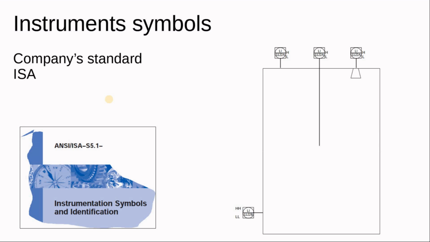However, sometimes you need to adapt it, to change it, to make it more suitable to your product or your lines or your devices. But I would say 95% of any process, you will find in the ISA.